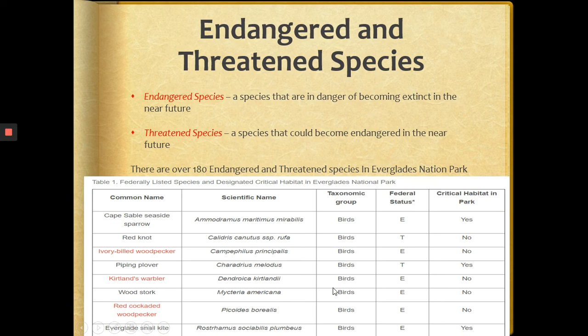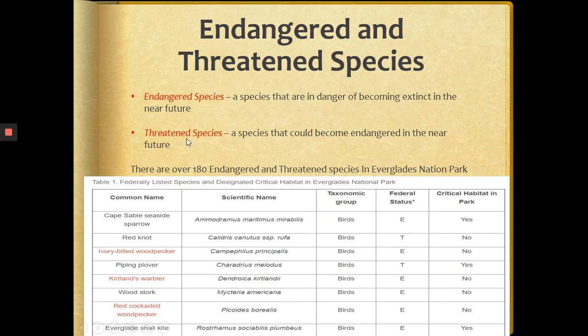Here you can see the taxonomic group. I just happened to click the top part of it because this had all the birds. And then you can see the federal status here. The E indicates it is an endangered species, and the T represents that the organism is a threatened species. What it means to be classified as threatened is that the species is in danger of becoming endangered in the near future.